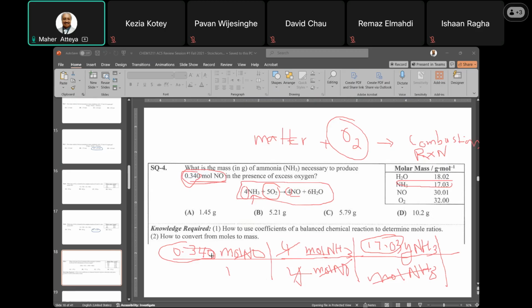So 17.03 divided by 0.340. How much is it? So let's see, let's calculate this one here. We have 17.03 multiplied by 0.340.